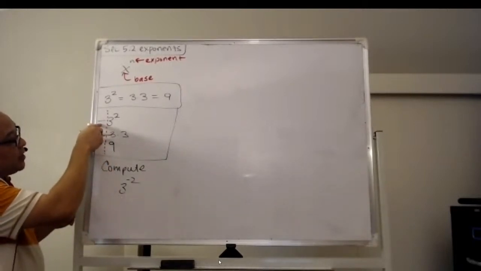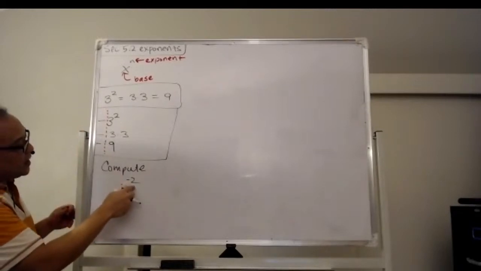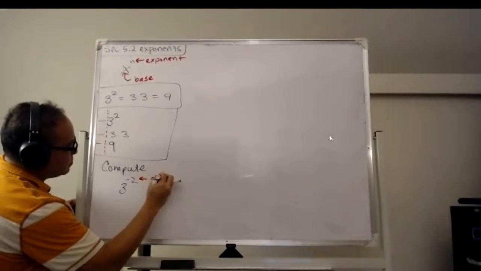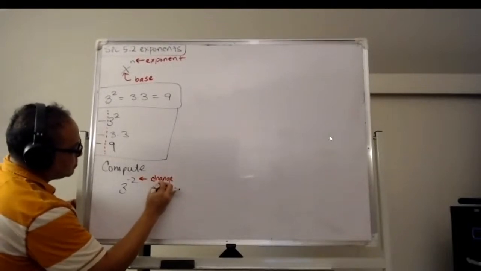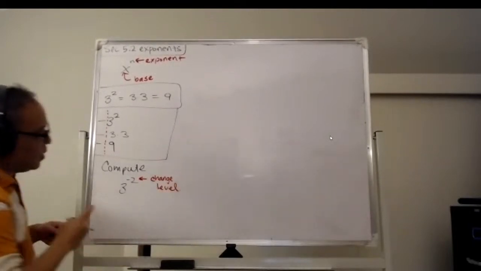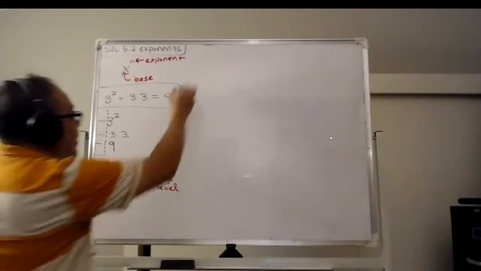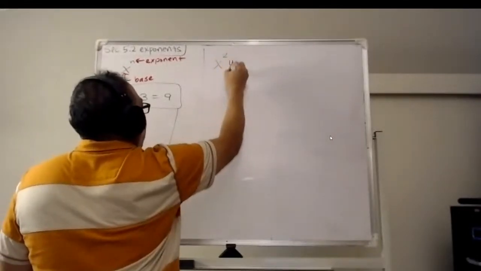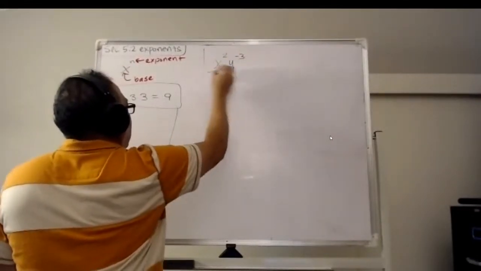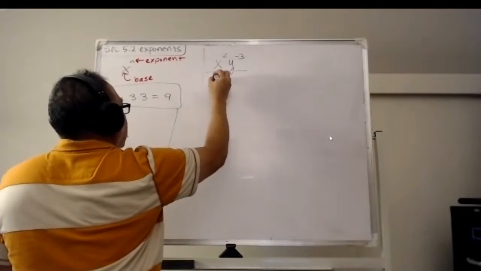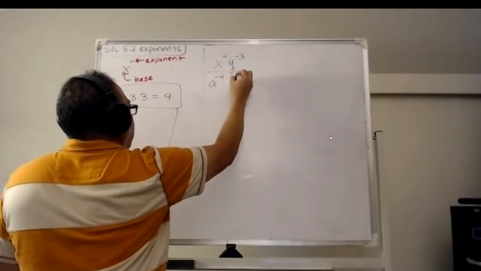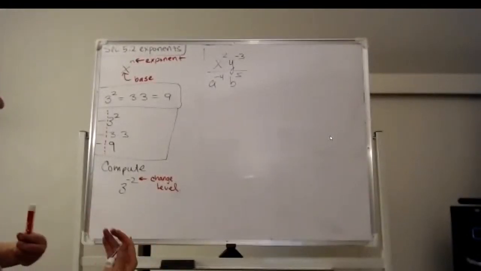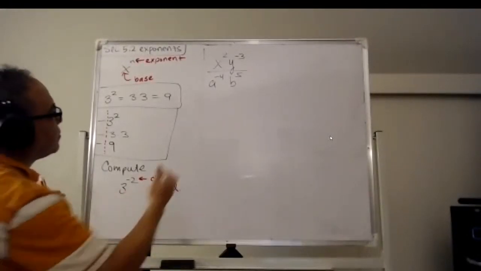This one has a negative in front of the base. This one has a negative exponent. What this means is change level. So by change level, I mean that if I have something that looks like x squared y to the -3 over a to the -4, b to the 5, everything that is negative changes level.